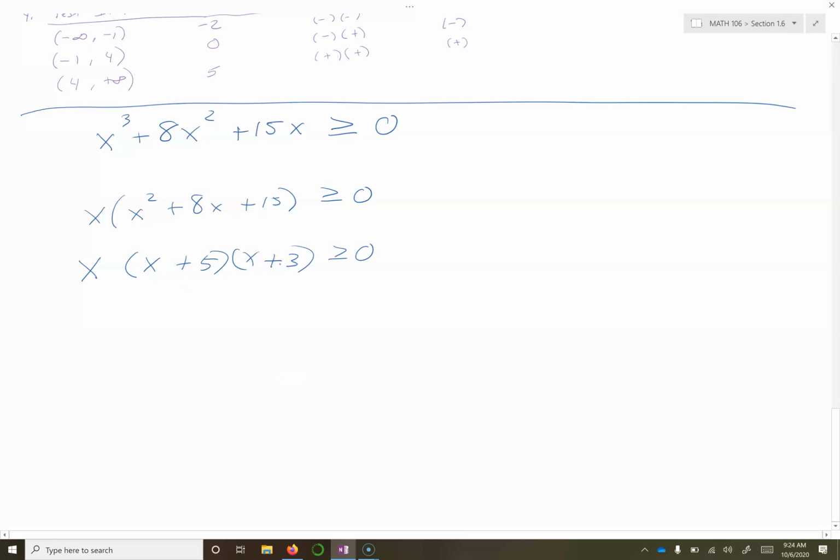So what do we have here? We have x greater than or equal to 0. We have x plus 5 greater than or equal to 0, so x is greater than or equal to -5. And then x plus 3 greater than or equal to 0, so x is greater than or equal to -3. So you see that we have 3 values now to deal with.